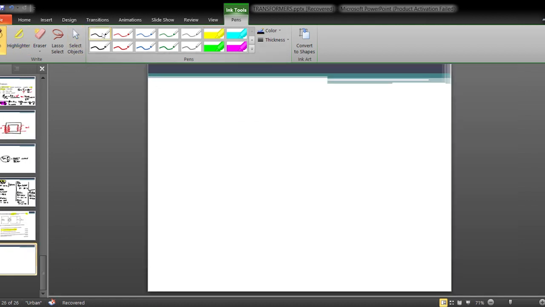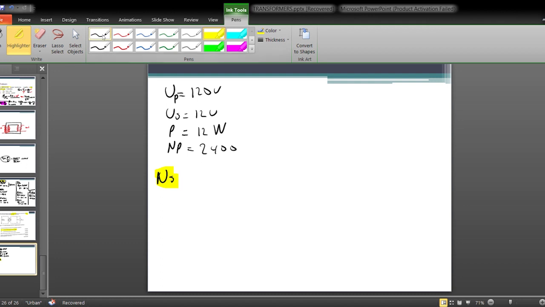Now, so VP is equal to 120 volts, VS is equal to 12 volts, power is equal to 12 watts, and NP is equal to 2,400. We are asked to find NS, the number of turns in the secondary. We're going to use this formula.